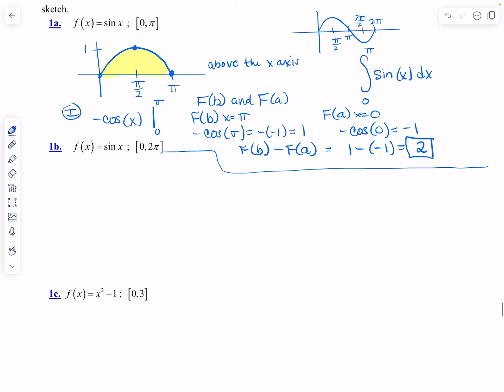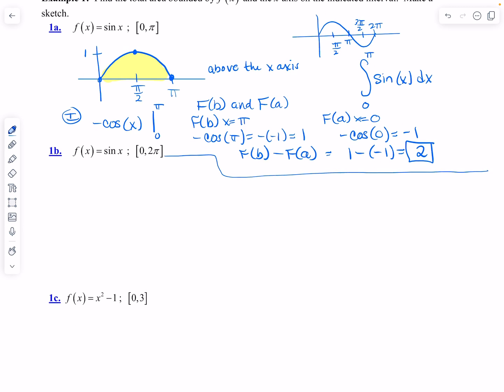So let's look at 1b. We have the sine function again, and if we sketch it, this time I'm going from 0 to 2 pi. Here's pi over 2, here's pi, here's 3 pi over 2, and here's 2 pi. Again we're going from 1 to negative 1, and this is the actual parent function of sine.